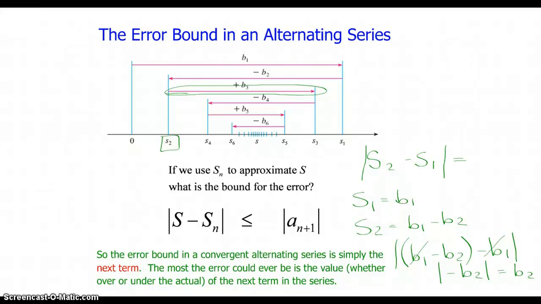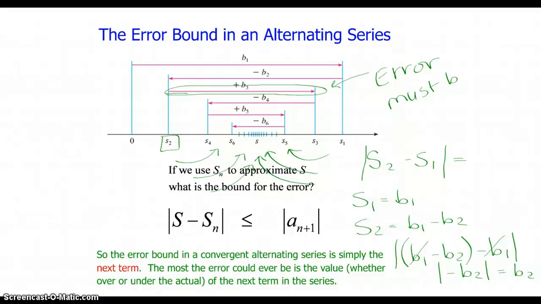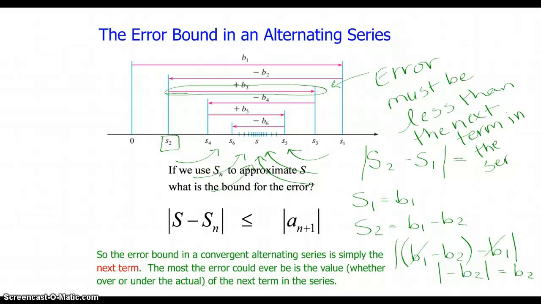Because we're closing in on the actual sum from one side and the other, we're guaranteed that the error must be less than the next term in the series.